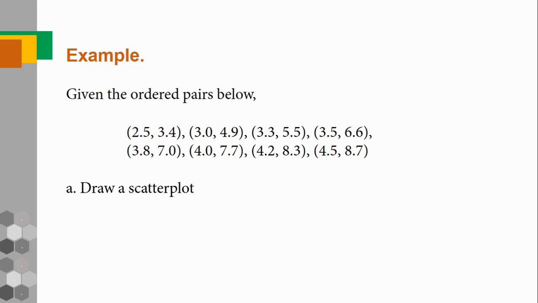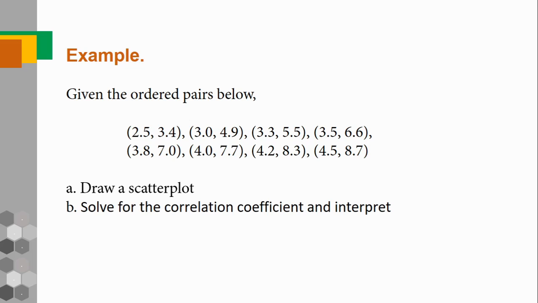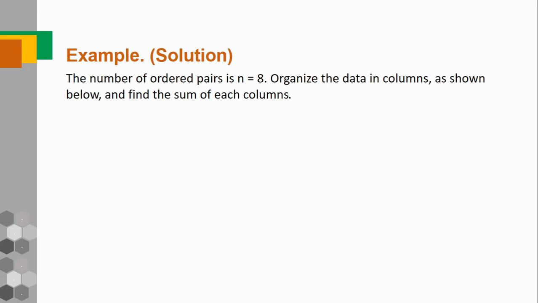Letter A, draw a scatter plot. And letter B, solve for the correlation coefficient and interpret. The number of ordered pairs in this example is 8. That is, n is equal to 8.